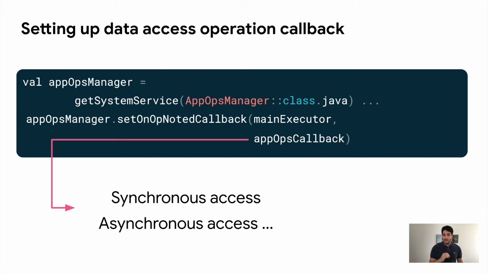Within the onAppNoted callback class, your application will be notified of data access in synchronous calls. When this happens, you may log the stack trace to help you identify the source of this access. And asynchronous access, for example, when your app registers a callback listener for geofencing, for example.